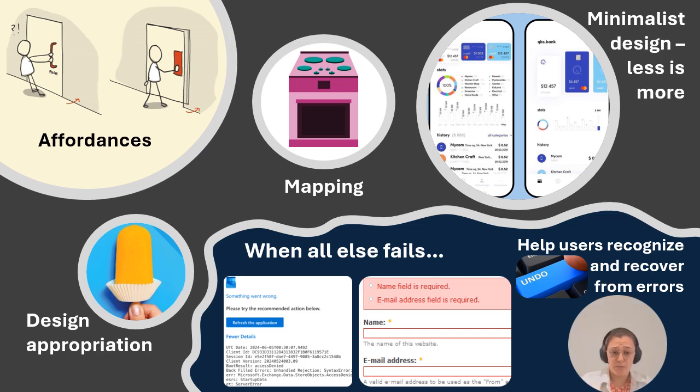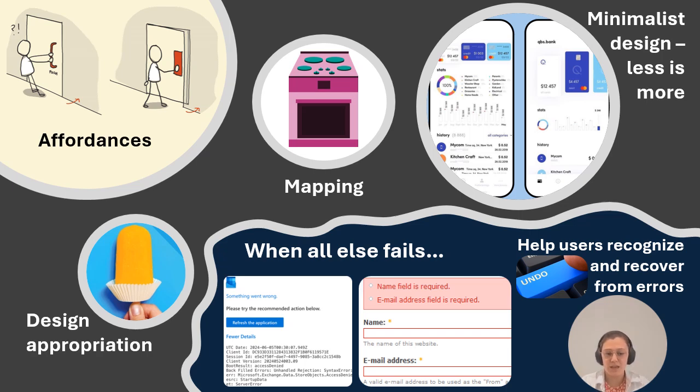So you can see this screenshot from Outlook where it says something went wrong. Please try the recommended action below. Refresh the application. And if you click on more details, it says things like the UTC date, the client ID, and most users aren't going to be able to work out, okay, what is the problem here?